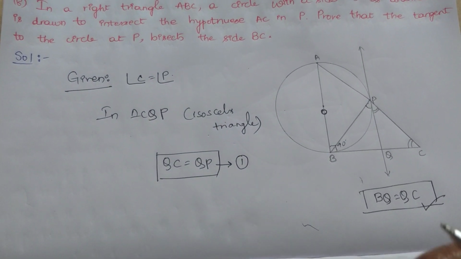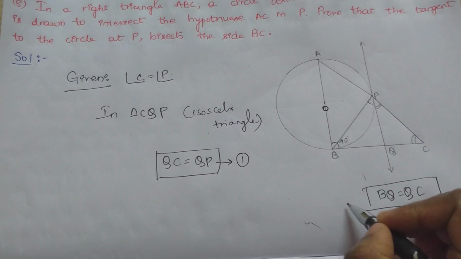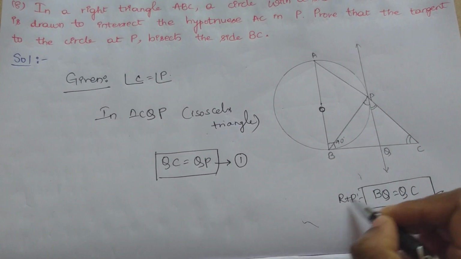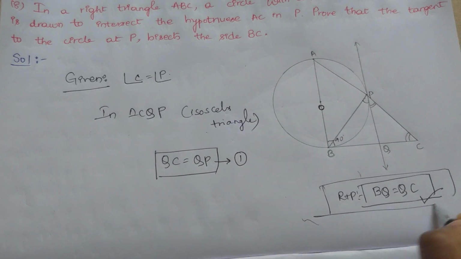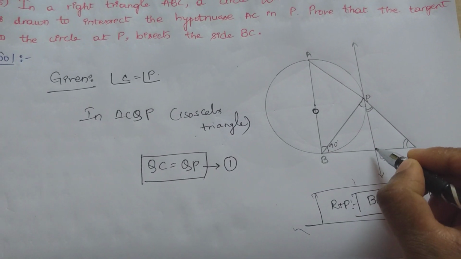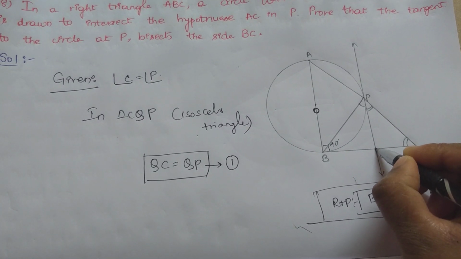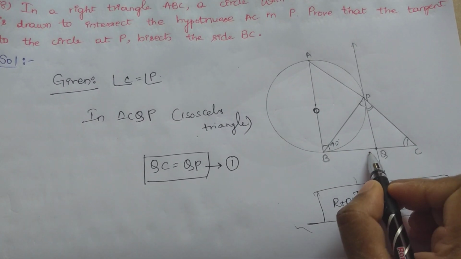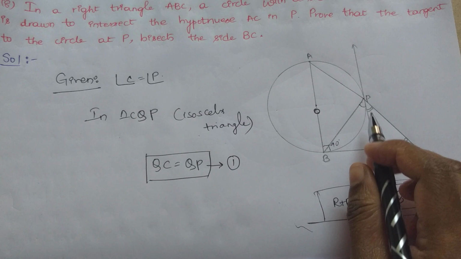So in the next step, what will I do here? This is what is required to prove. Just for explaining, I have put it here. When you consider this Q as an external point, two tangents are drawn to the circle. I will draw it here for understanding purpose.